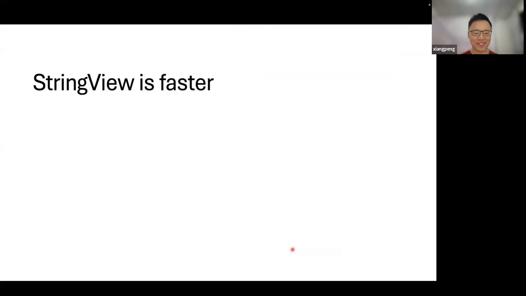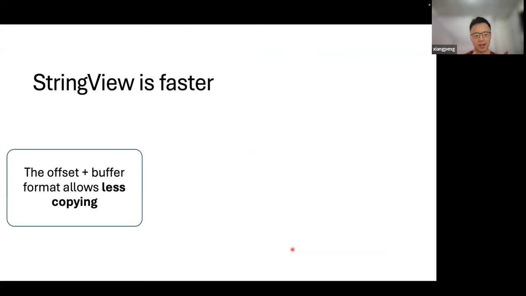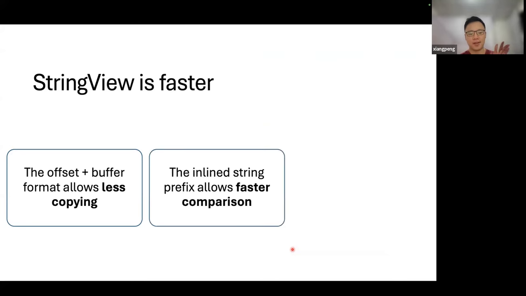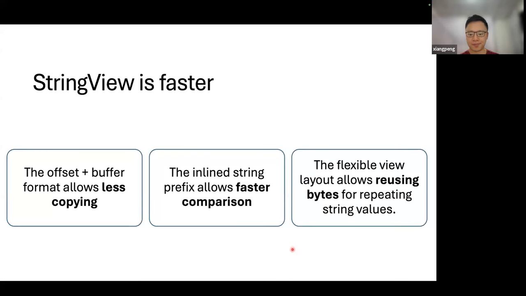Okay, so StringView is faster in 3 aspects. The first aspect is that the offset and buffer format allows less copying, which we will discuss first. Then we'll discuss how we use the inline string prefix to accelerate comparisons.